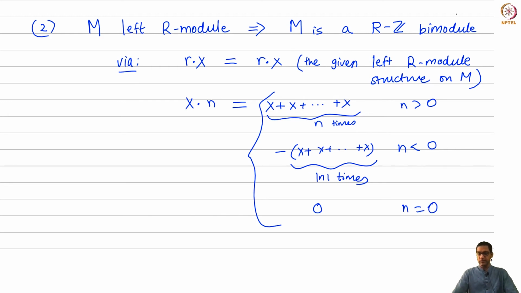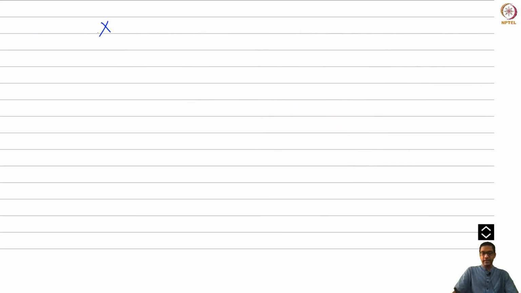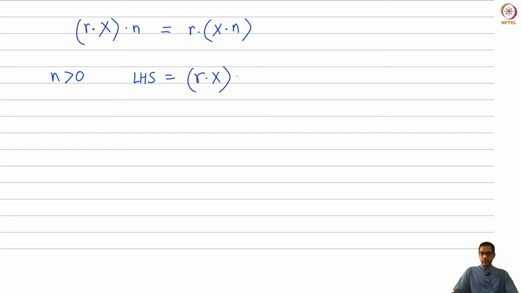Now the claim is that these two structures are compatible. In other words, if I take x, I first left multiply and then right multiply by an integer, then it's the same as doing this. But then this is just the R module property itself. Let's just check this for n positive, the others are similar. What's the left hand side? This is just rx plus rx plus rx, n times.